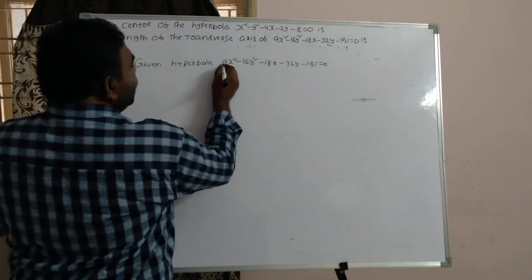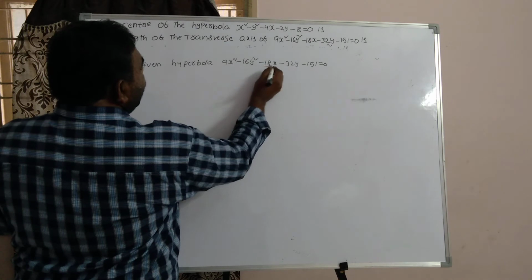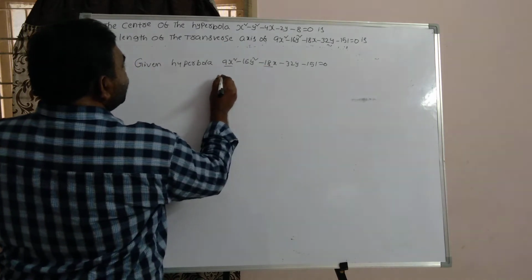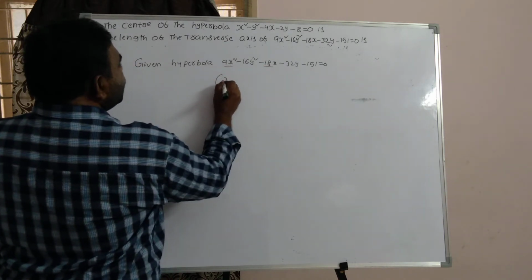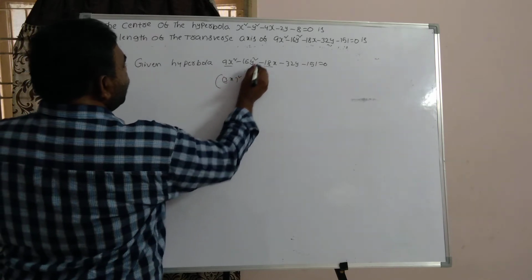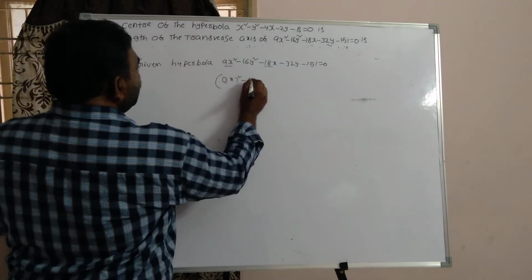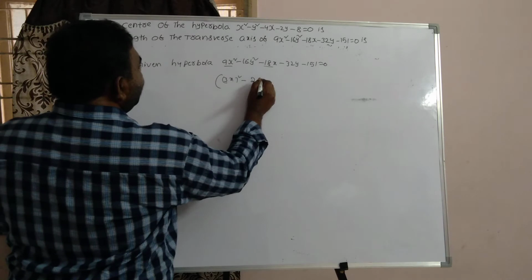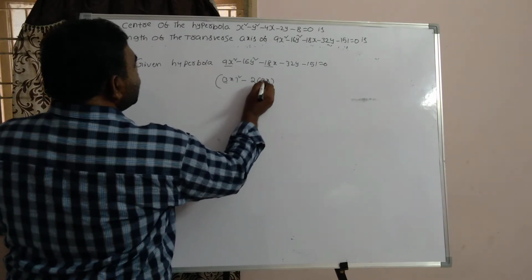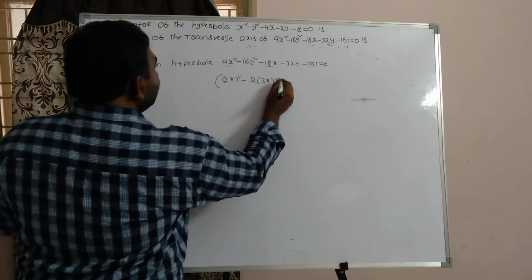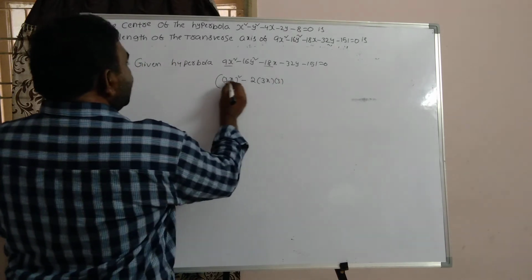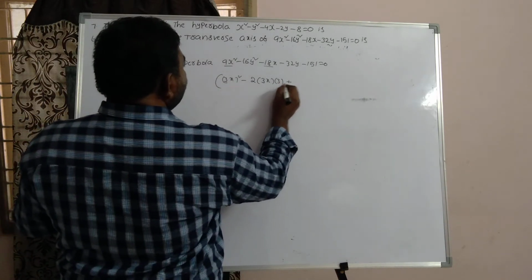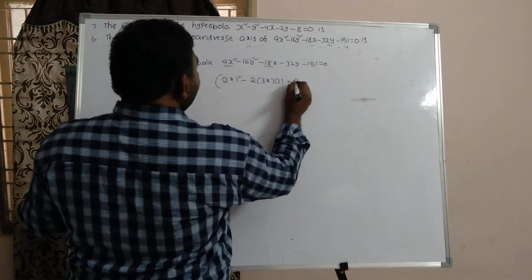That means here we take 9x square, 18x. So here 9x square can be written as 3x whole square, here minus 2ab. 2 into a means 3x, 2 3 are 6, 6 3 are 18. Here 3. So here 3 means a square minus 2ab plus b square. b square means 3 square, 9.